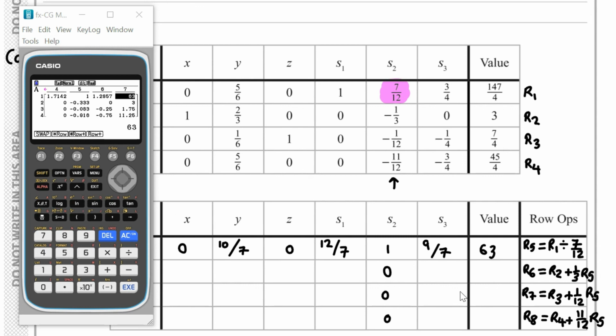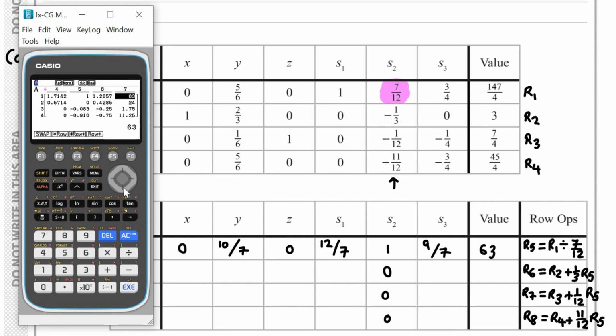We now need to apply the other row operations. So here, if we click F3, we will multiply the first row over here, which corresponds to row 5, by 1/3, and we will apply this to the second row over here.